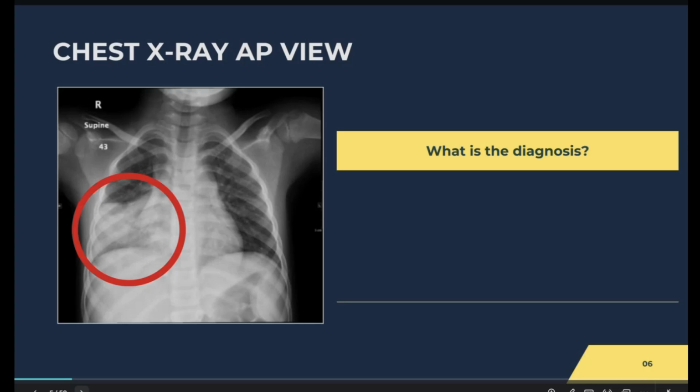I saw someone typing, so just feel free. So Simon has given us a few options: lobar collapse, infection, aspiration, and blocked bronchus. Do you think there's anything that is more likely given the patient's history and the imaging findings?